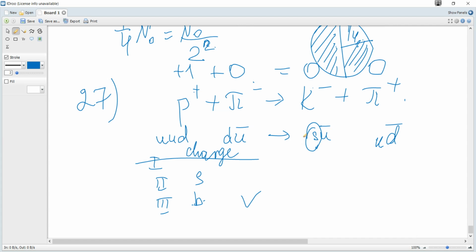Each strange quark provides strangeness of -1, an anti-quark +1. If there are no strange quarks or anti-quarks on the left-hand side and only one on the right-hand side, strangeness is not conserved, and it's C, 2 and 3.